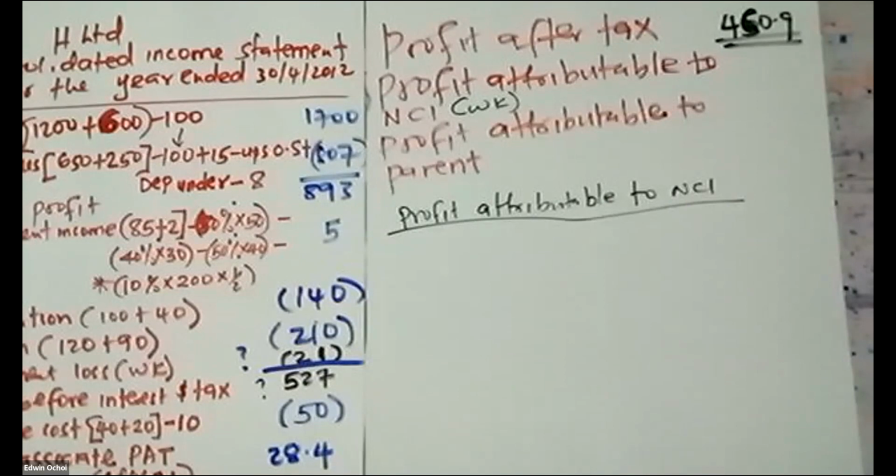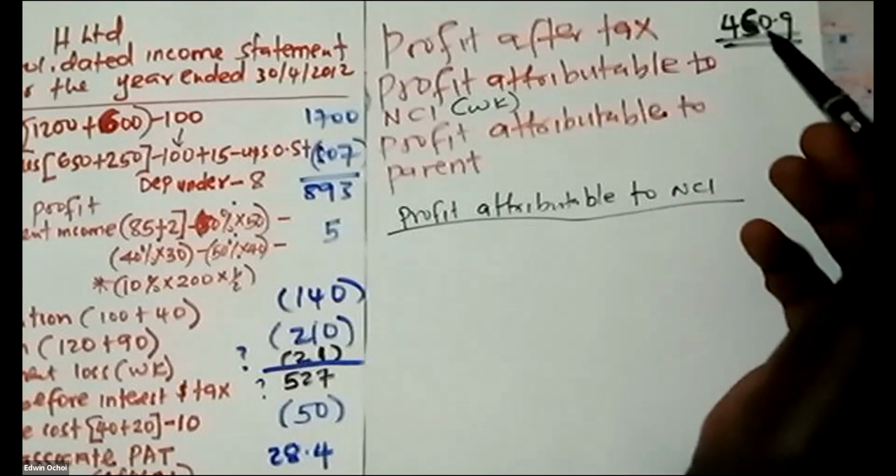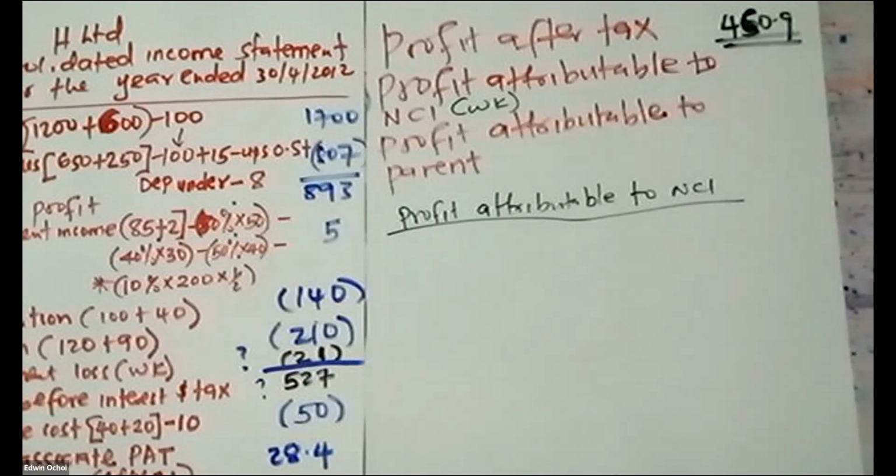So I was saying that for you to get this profit attributable now to the NCI, remember that we have this 460.9. So this is what the parent has consolidated up to now from the associates, from the joint ventures, from the subsidiary. But when he was consolidating his relevant item from the associates and joint ventures, it was very clear.